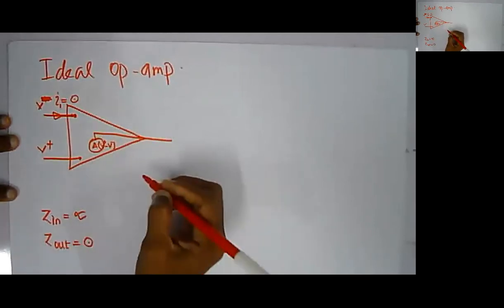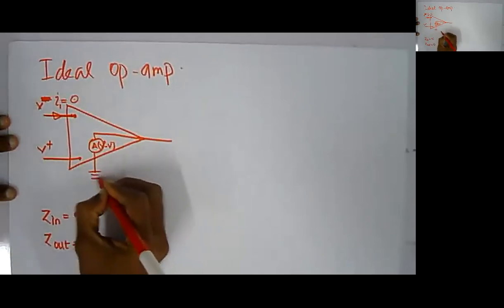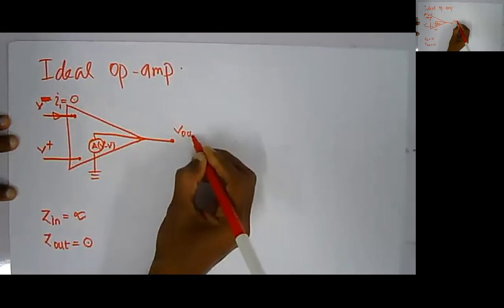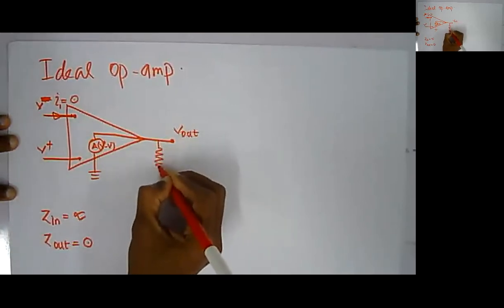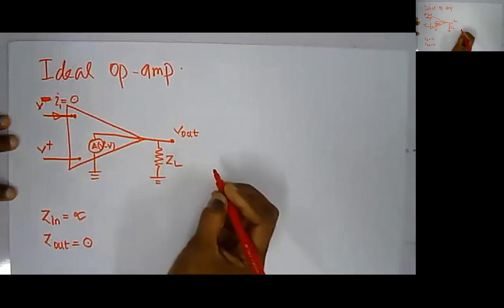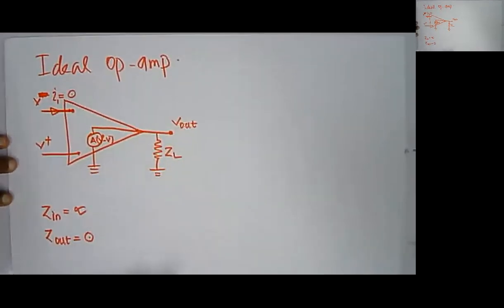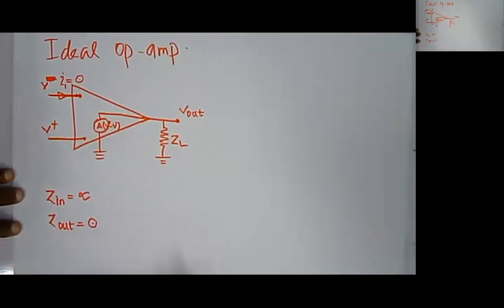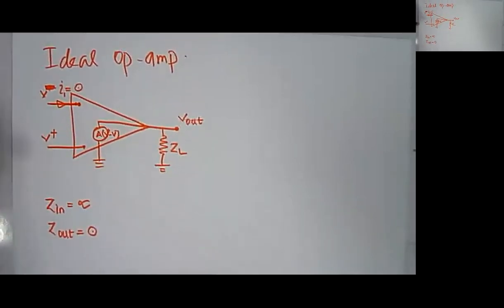And there is no Zin. The voltage is directly applied to the V out, and that will be applied only across your ZL. So the second property: your V out does not depend on the value of ZL if you have Z out equals 0.